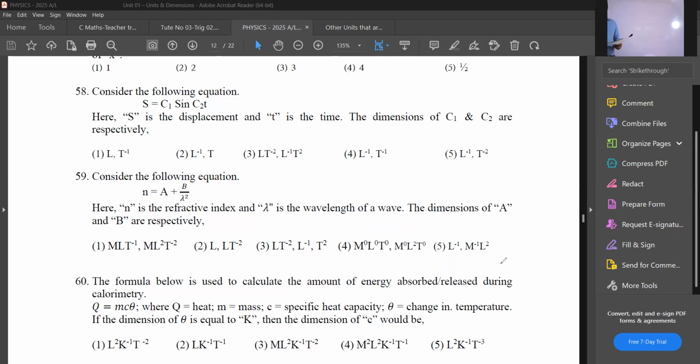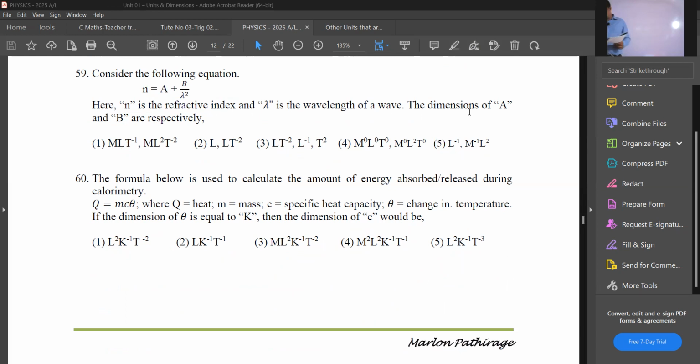Question number 60. What is the answer? The dimension of C. In this case, you have to make C the subject.